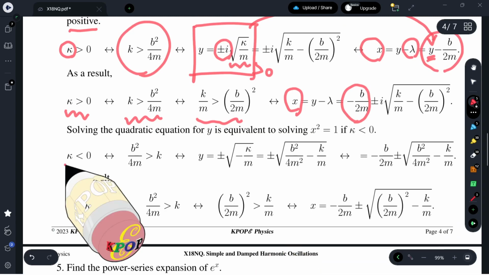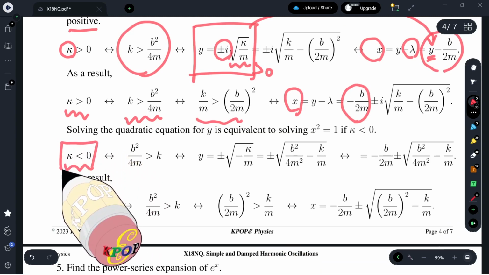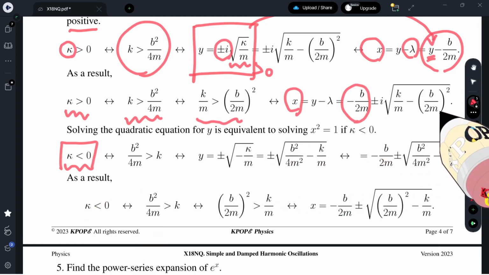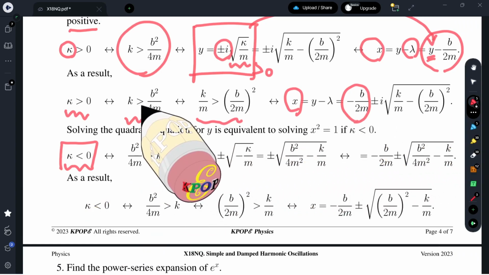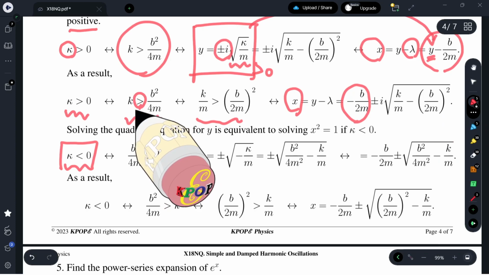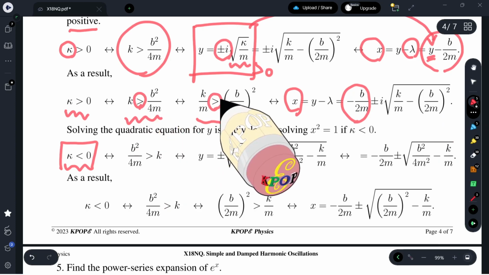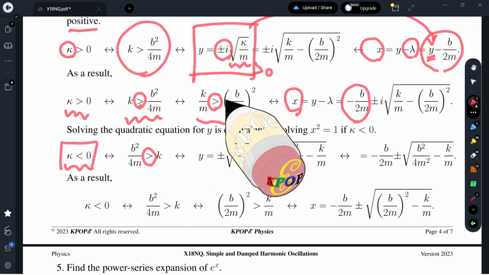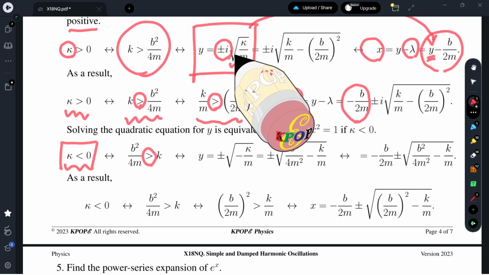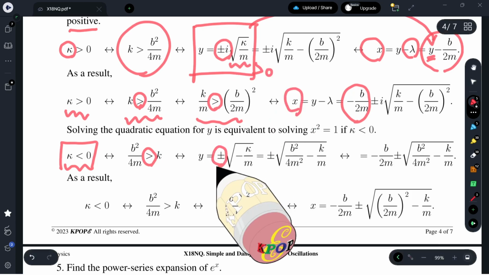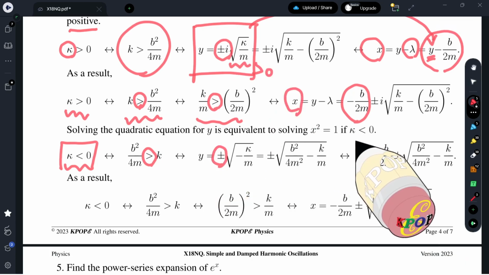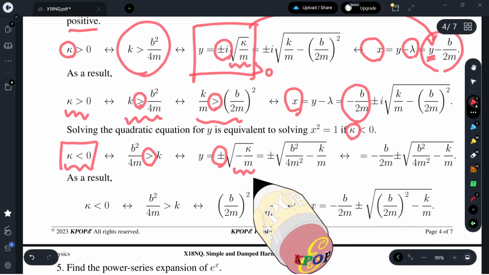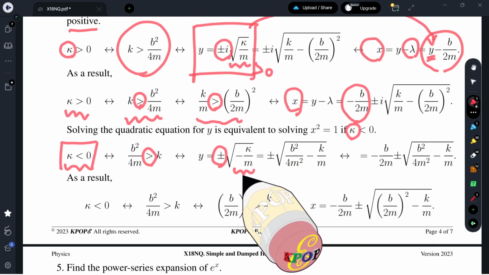Next, we consider the case when kappa is negative. Everything is the same except that we have the opposite direction. This inequality is flipped. As a result, plus minus i is replaced with plus minus. And because kappa is negative, it's better to have a positive value inside the square root.